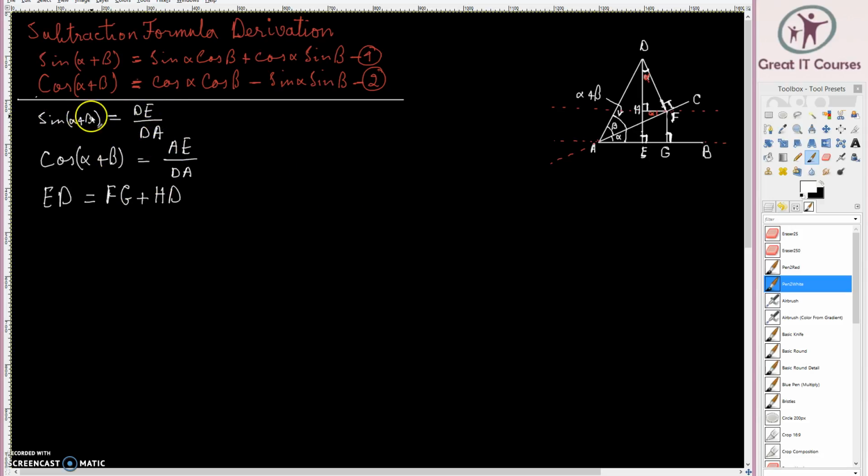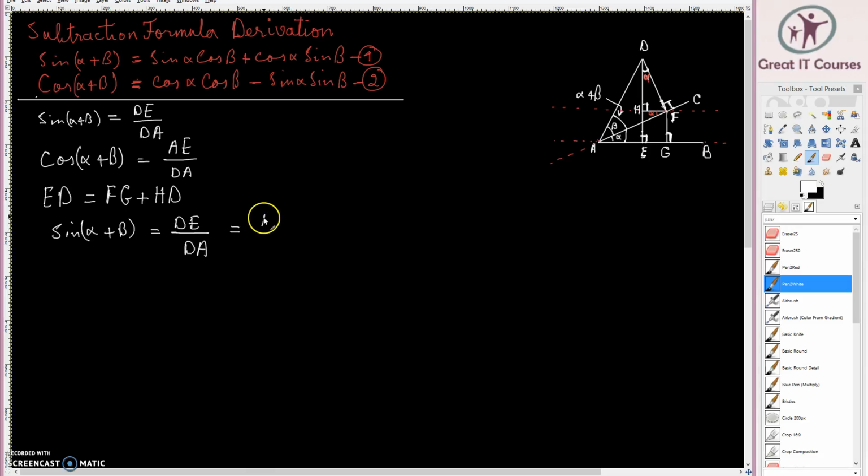So here we said that sine of alpha plus beta is DE by DA. So I have a DE over here. If I write sine of alpha plus beta is equal to DE divided by DA, then I can replace this DE by FG plus HD.